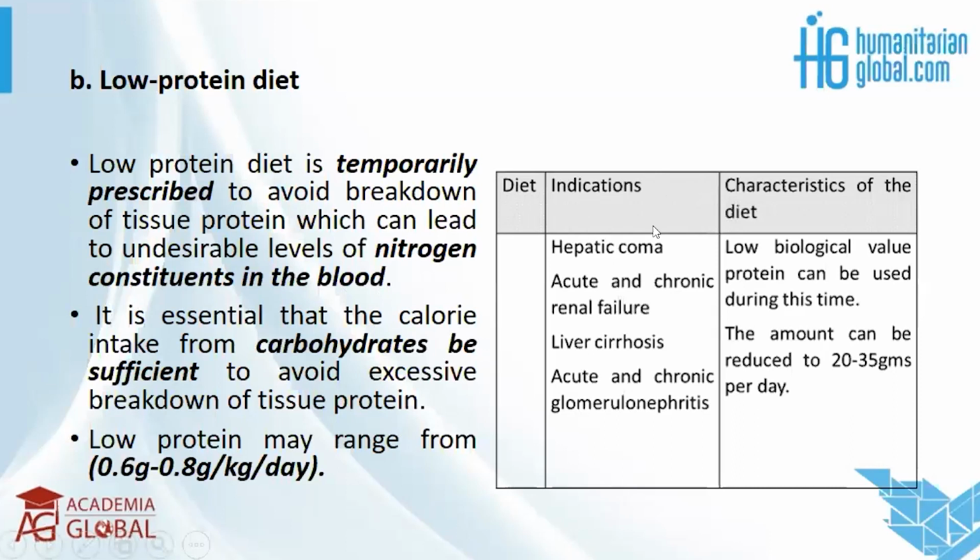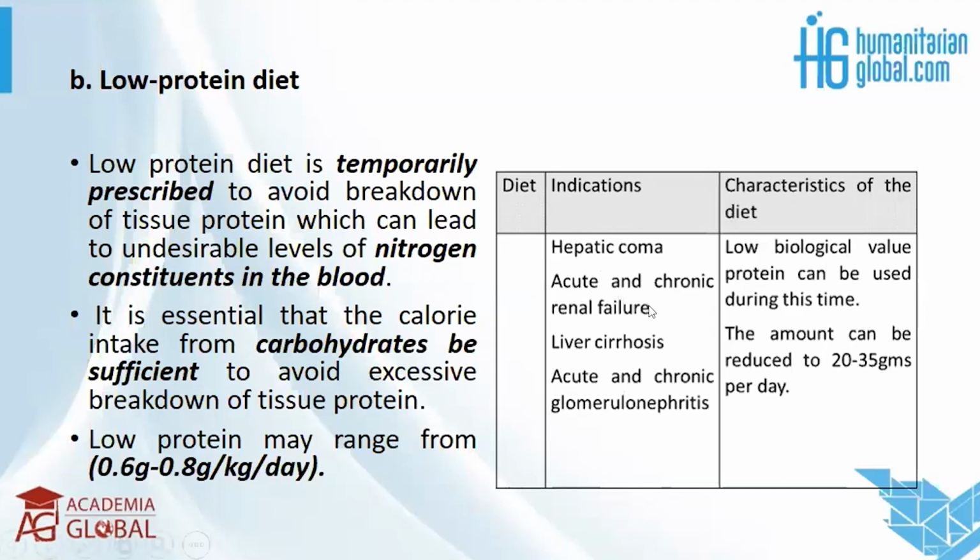Some of the indications are when you have hepatic coma. Actually, the conditions that will make you have a low protein diet are conditions of the liver, because the liver is very much involved in metabolism of protein. And also the conditions of the kidney, because the kidney is involved in clearing or removing wastes, among them nitrogenous wastes from protein breakdown or protein digestion.